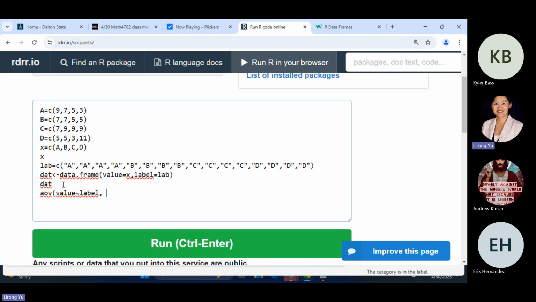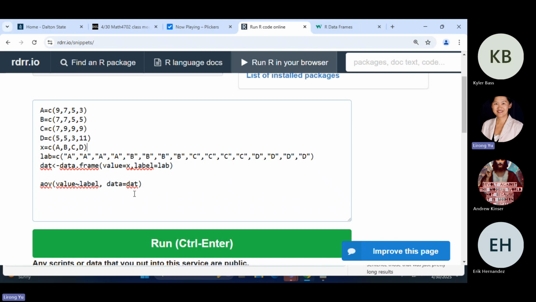We don't have multiple factors, so it's not a two-way ANOVA. It's one-way ANOVA, and the data we're using is what's in DAT. Okay, if you run this, let's get rid of those extensions. I was just printing these out, so it's going to be less output.